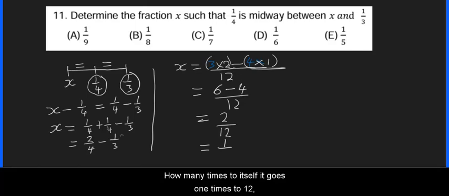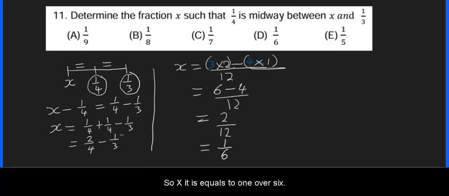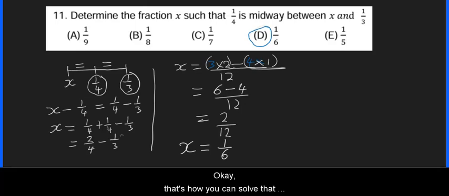To itself it goes 1 time, to 12 it goes 6 times. So x is equal to 1 over 6. Let's look for 1 over 6 there. Then we found 1 over 6 to be at D. That is the answer. Okay, that's how you can solve that.